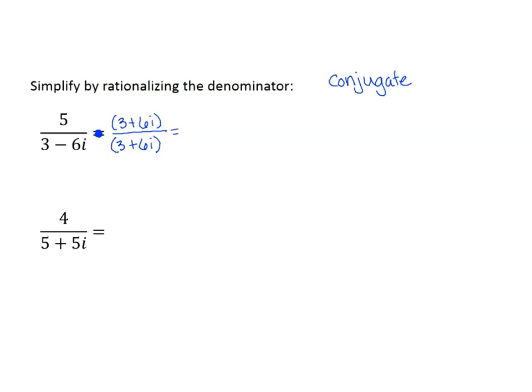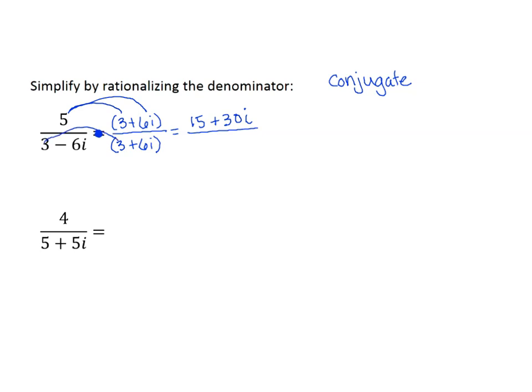All right, so let's do it. I've got to distribute. 5 times 3 is 15. 5 times 6i is 30i. On the bottom, I'm going to FOIL.